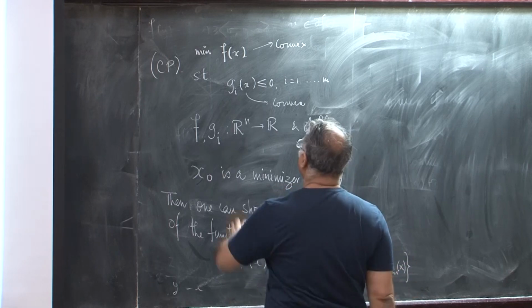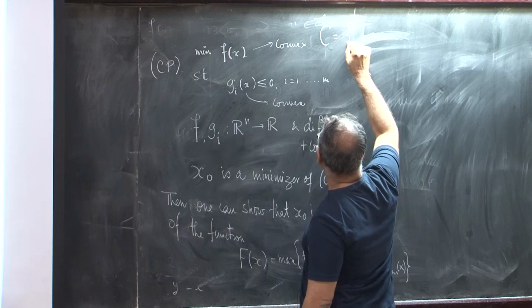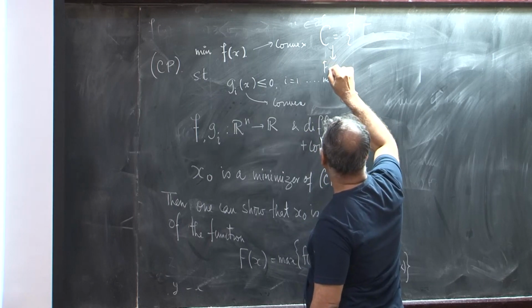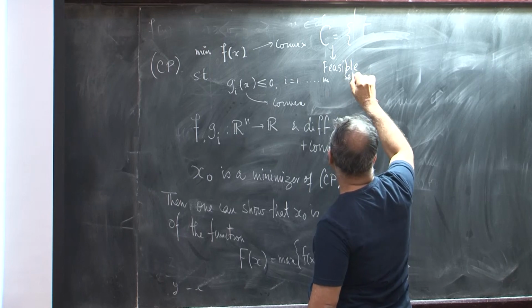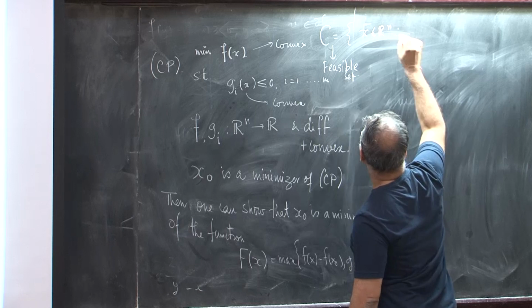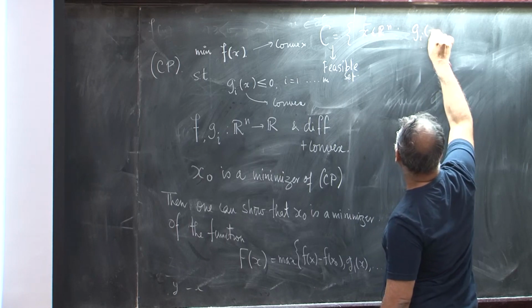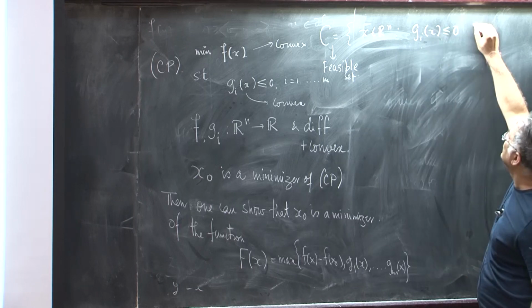Now, you see why I am calling it a convex optimization problem, because if I look at the feasible set of this problem, the set of all x in R^n such that g_i(x) is less than or equal to 0, applying the fact that all of these functions are convex, you can show that this is a convex set.